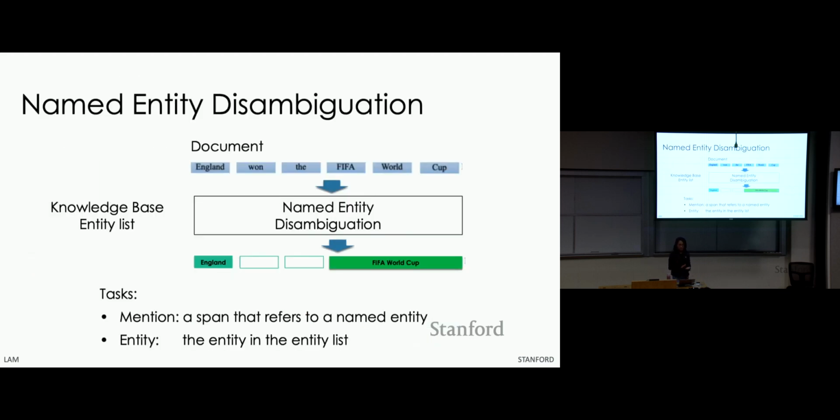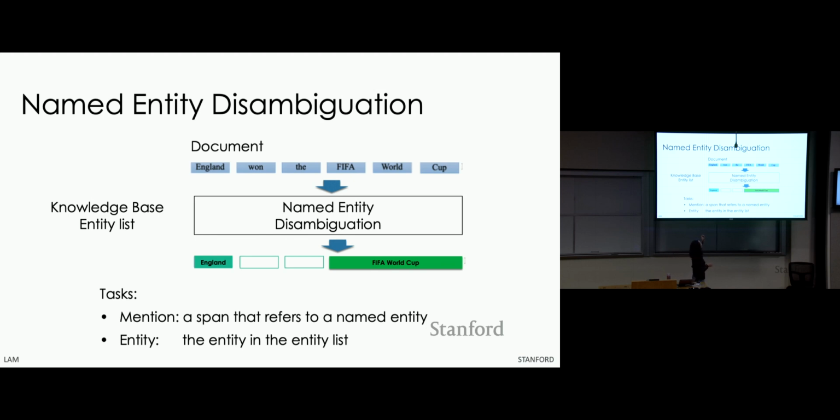So the basic problem of named entity disambiguation can be separated into two parts. First, I give you the sentence, and you have to figure out when I am referring to an entity. You have to figure out the mention, which is a span that refers to the entity.